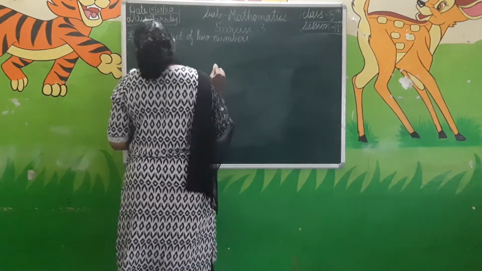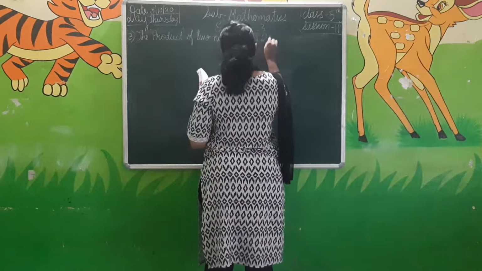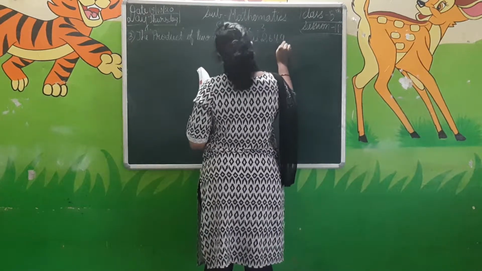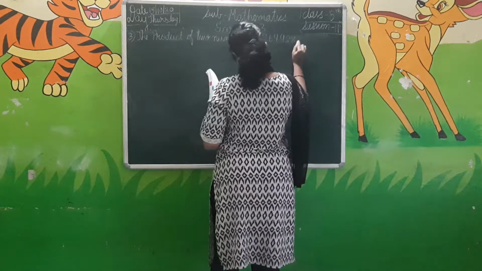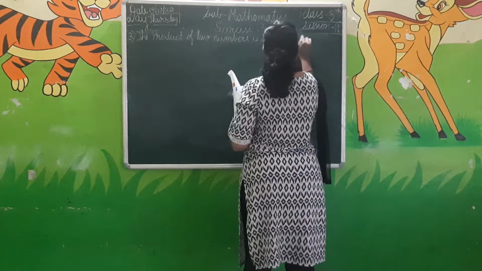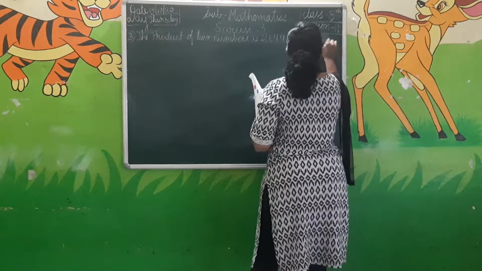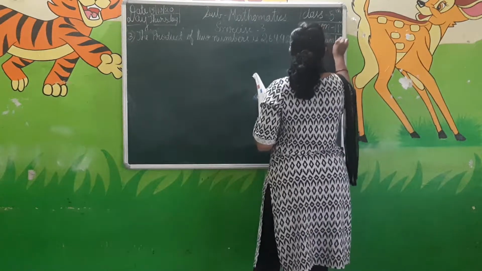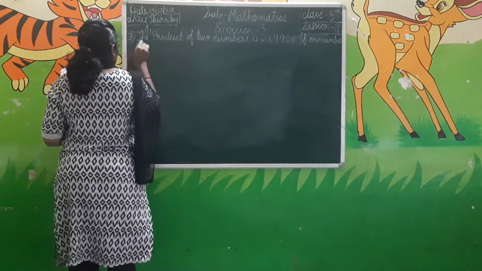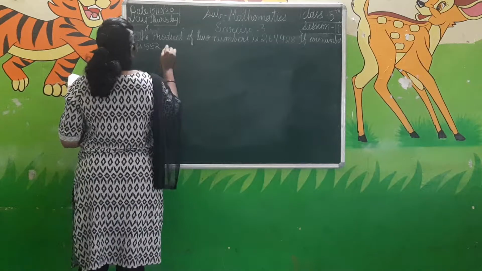The product of two numbers is 2,69,928. If one number is 552, find the other.